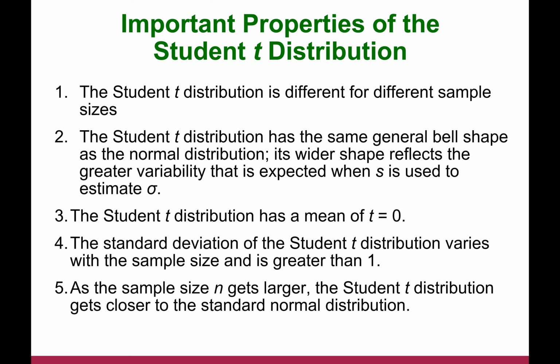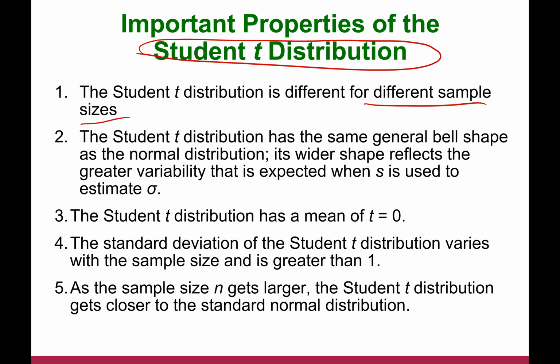Now let's review the Student t-distribution. Important properties about the Student t-distribution: it is slightly different for different sample sizes. As the sample size gets bigger, the Student t-distribution gets closer to the normal distribution. It has the same general bell shape as a normal distribution. The wider shape reflects the greater variability, meaning the population standard deviation is bigger, sigma is bigger.